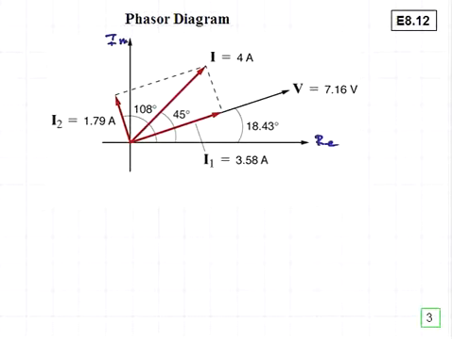So we have the three currents shown. Notice that the current I1 is in phase with the voltage V. That's the current through the resistor, whereas the current I2 leads the voltage across the circuit by 90 degrees.